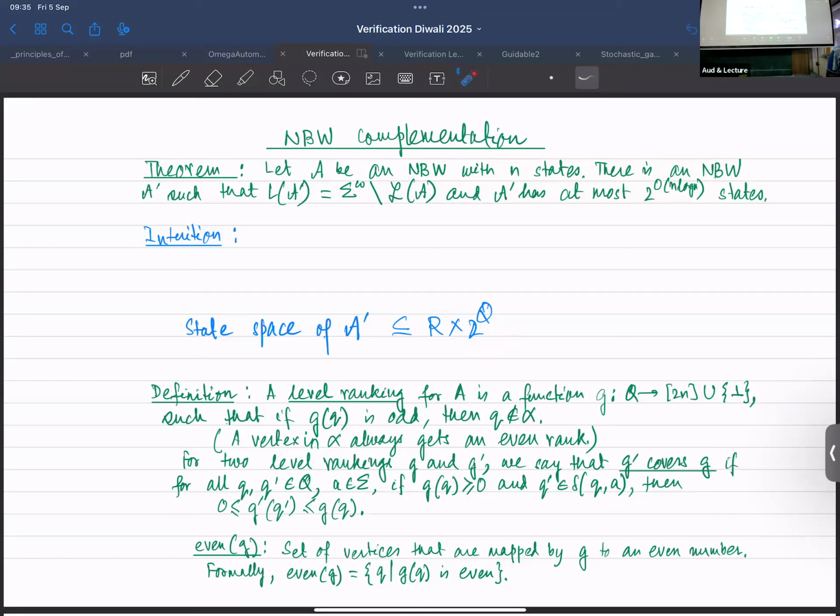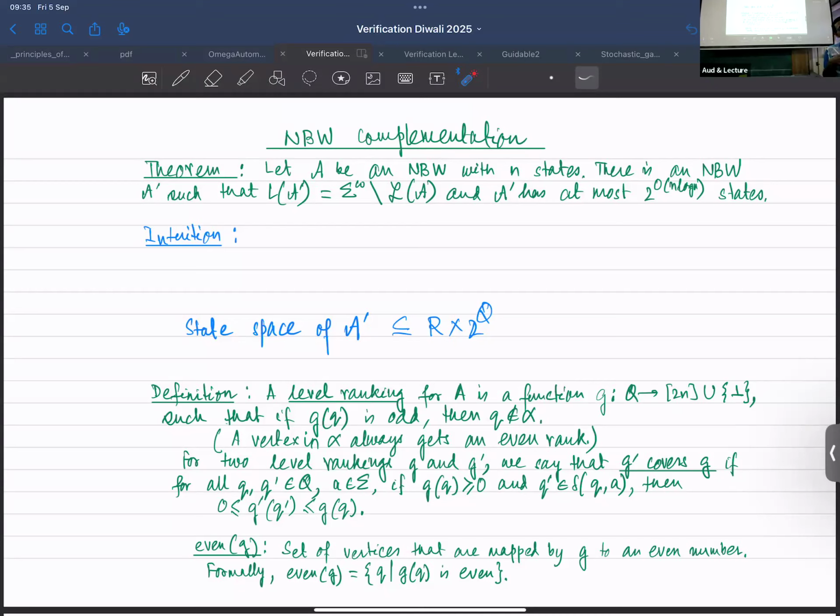It was something that every even state should be visible. No, I don't know, it's the other way around, right? Because the even states should disappear, because we are talking about an odd ranking function. So what happens in the odd ranking function?